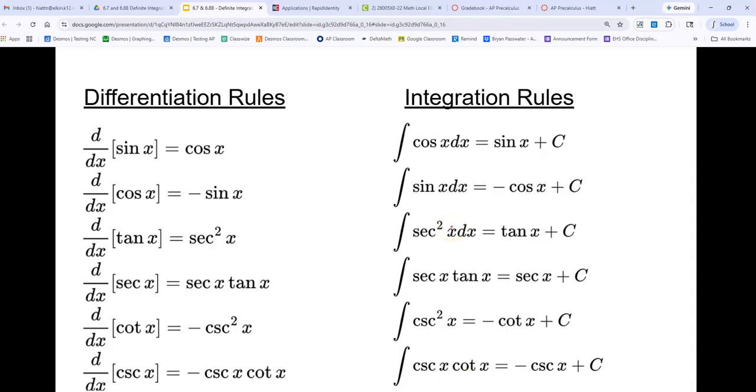We're going to learn a way to integrate tangent, but it's much more extensive than a memorized rule for that. So you can only really integrate the things that were the answers to your derivatives over here. So these need to be memorized. Sine and cosine are so important that they're memorized. The other stuff's not going to show up a ton, but you're going to see it a little. So you need to know those.